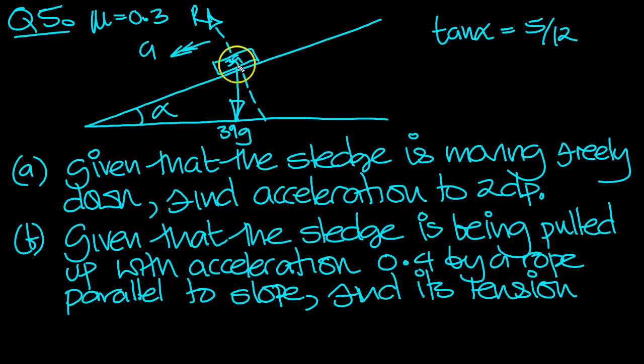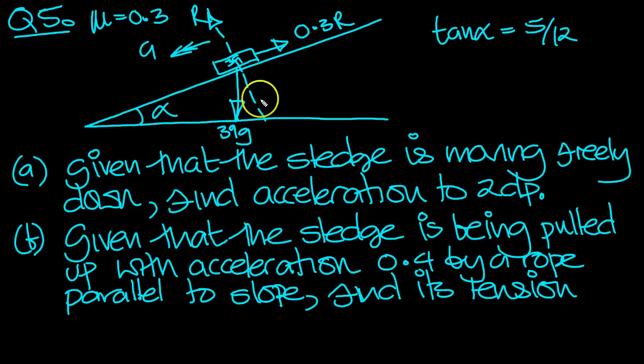And then there's a resistance, isn't there? As it goes down the slope, it's going to have a coefficient of friction 0.3, so this is 0.3 R. So we'll apply F equals ma down this way, and we'll apply F equals ma. There's no acceleration, so the resultant force is 0 in this direction, isn't it?